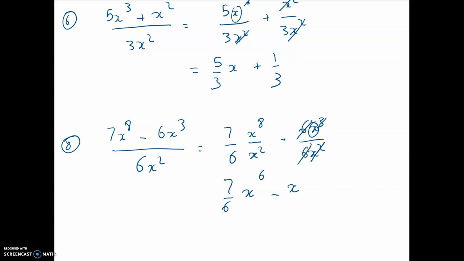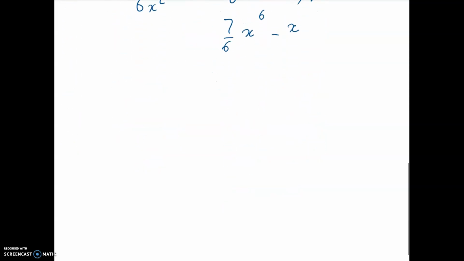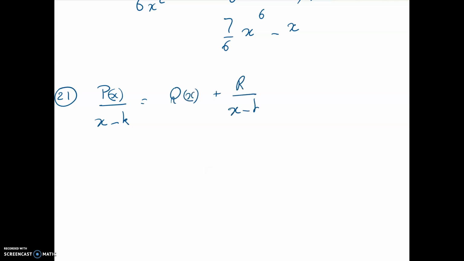Now, let's focus a little bit on problem number 21, which is the problem regarding synthetic division. So what I want to do is a recall: when you have a polynomial p of x and you divide this polynomial by x minus k, you will end up with a new polynomial plus the remainder divided by x minus k.